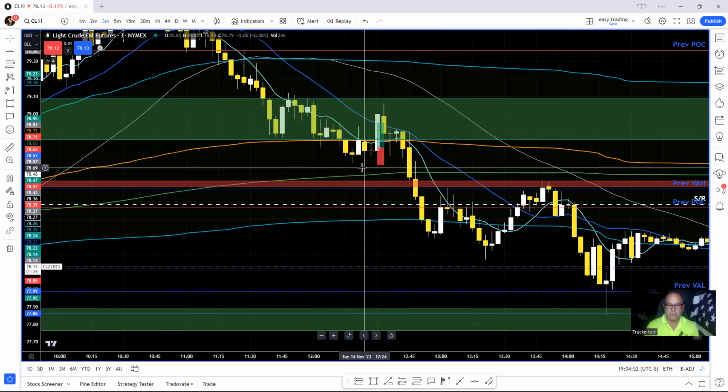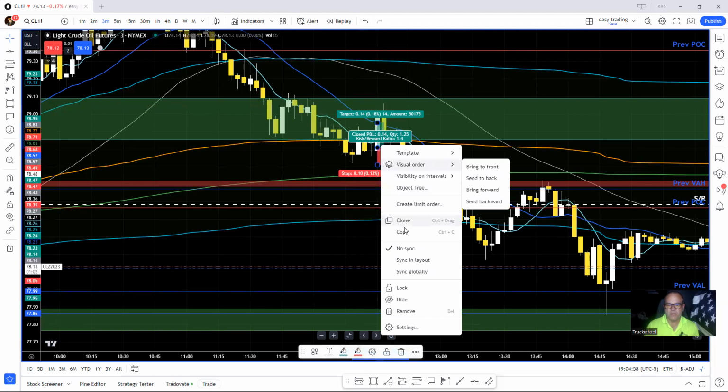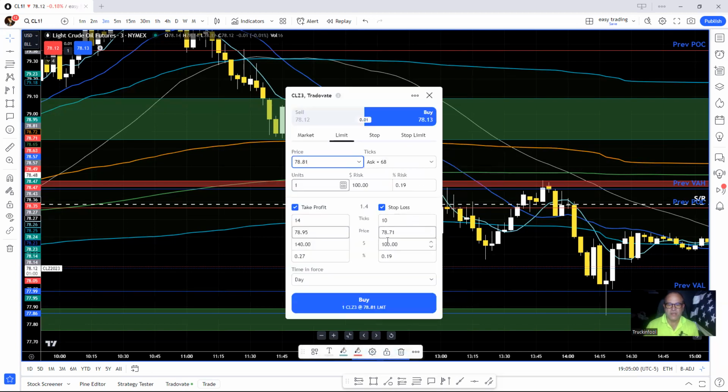Short, quick, but still good profit. It was a 1.4 to 1 trade, and on that trade, we only risked 100 and we won 140. So I was extremely happy only having to risk $100 on that trade, taking 1 contract.